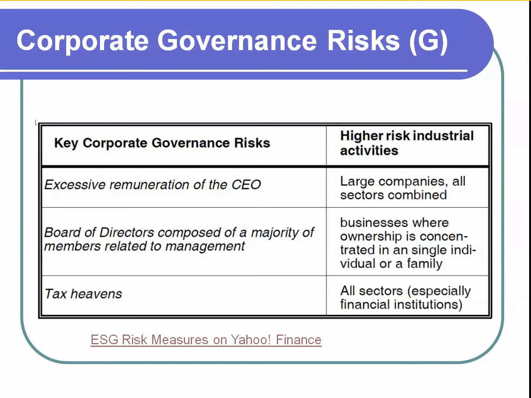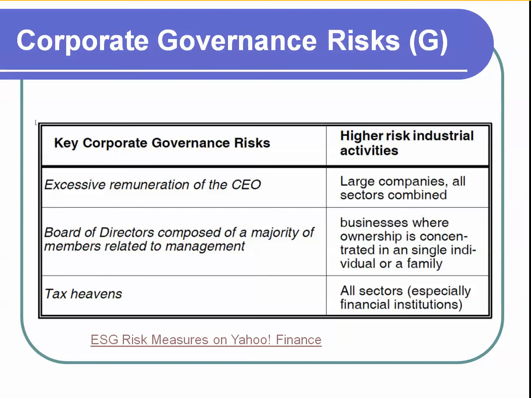The separation between the board of directors and the management is mostly lacking where ownership is concentrated in a single individual or a family. Oftentimes these people are involved in the management and are also part of the board of directors. So the separation between ownership, board of directors and management is not really accomplished in this type of situation.